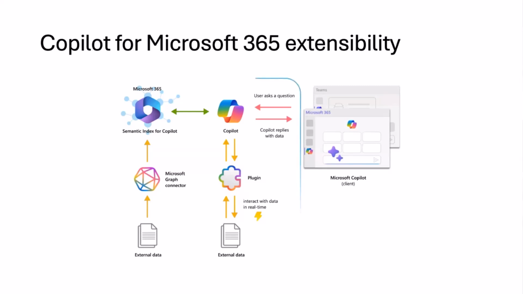This session specifically is going to be about plugins, and I'll show you how you can bring your document search into Copilot extensibility, basically how you can bring your documents into Copilot with the power of Azure AI Search. And you can actually leverage Copilot's intelligence as well behind the scenes.